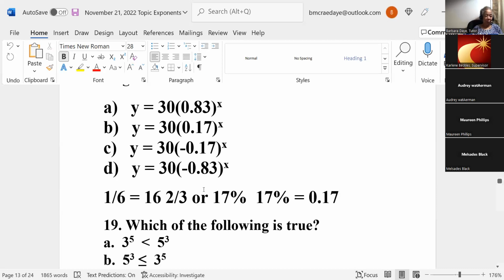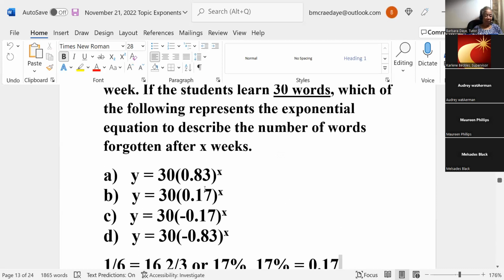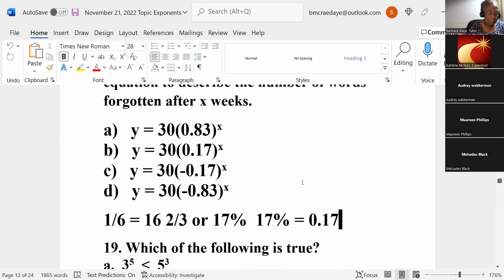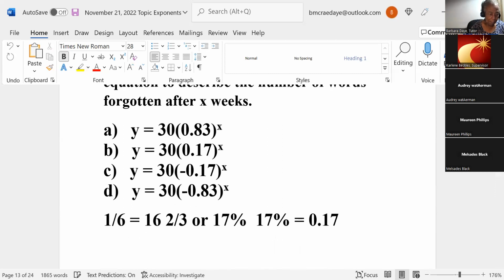Okay. So if they forget 0.17 of the number of words after X weeks, and you had 30 words, Maureen, what would be the answer? A, B, C, or D? With 30 words, they forget 17% of the words.